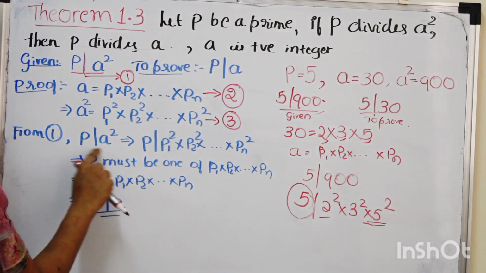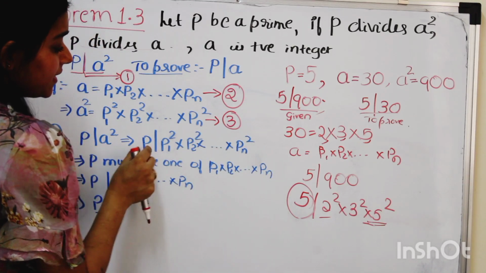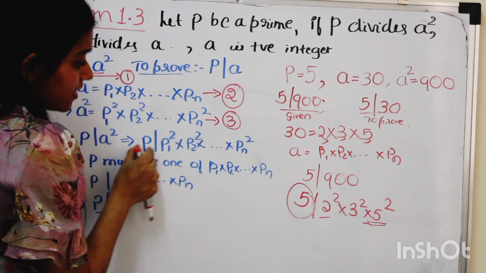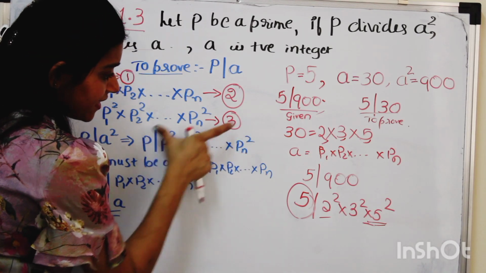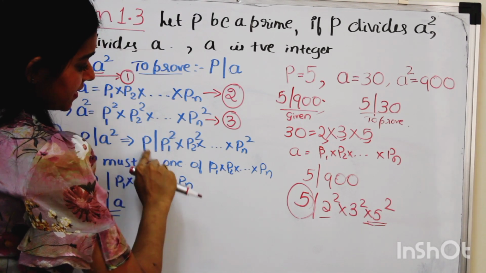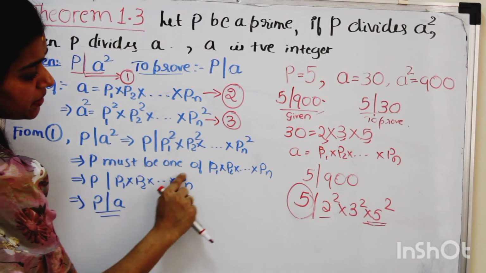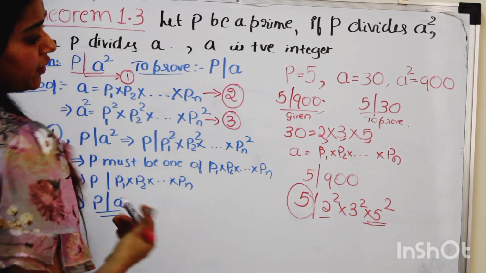So this says that P divides P1 square into P2 square till Pn square. This means this P also exists in any of these prime numbers. So you can write P must be one of P1, P2, Pn.